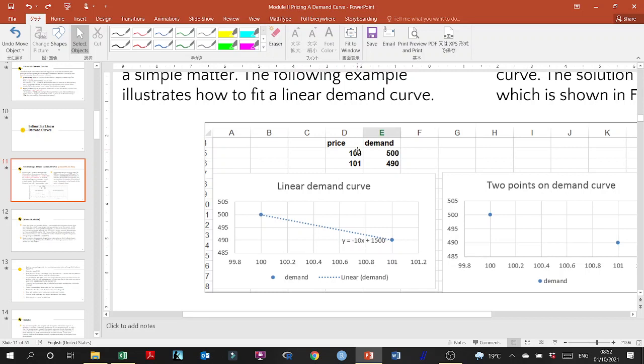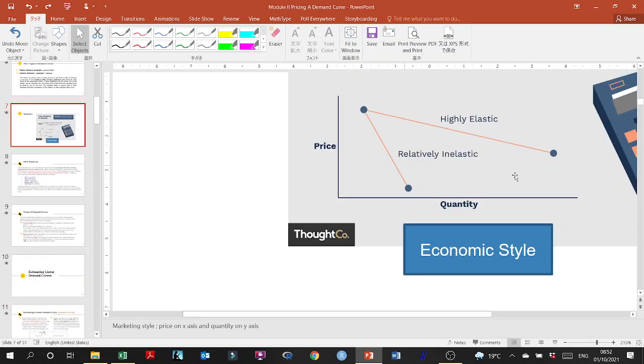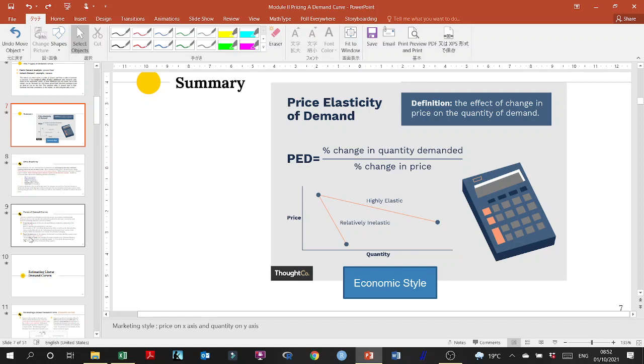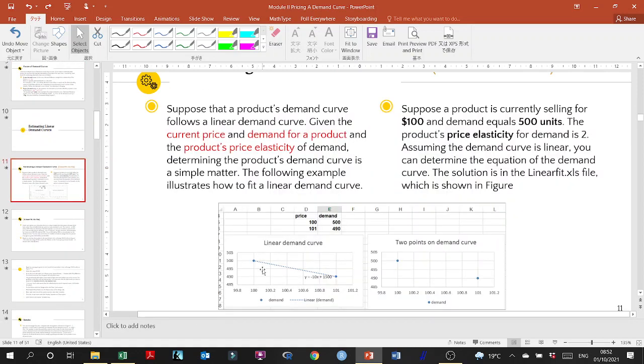This means as the price increases by 1%, because the price elasticity here is in percentages, this is the unit we're talking about. So as the price increases by 1 unit, which is 1%, the demand will decrease by 10 units. So here 500 minus 10 is 490.